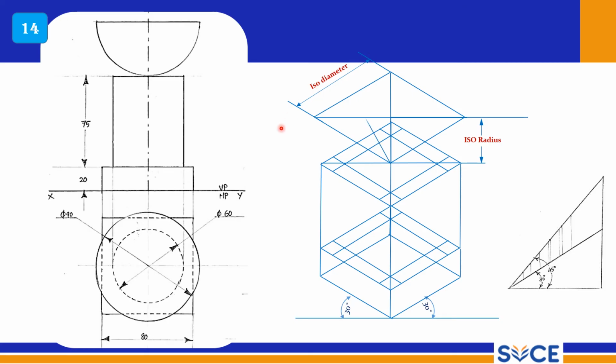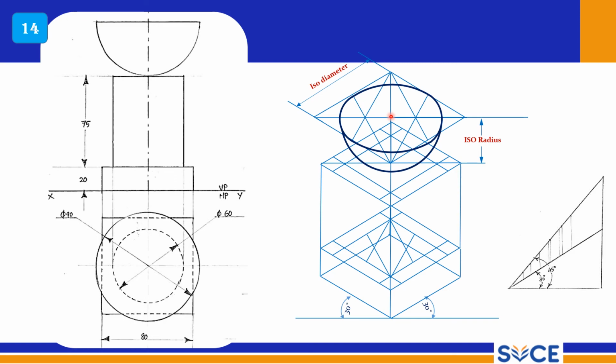So this is the iso diameter now. Using the four center method, draw the top surface of this hemispherical vessel, and to draw this portion, use this method. Now take this as center and the actual radius as radius.